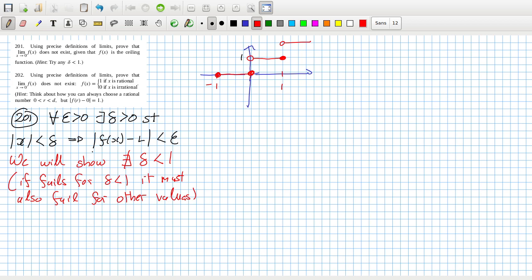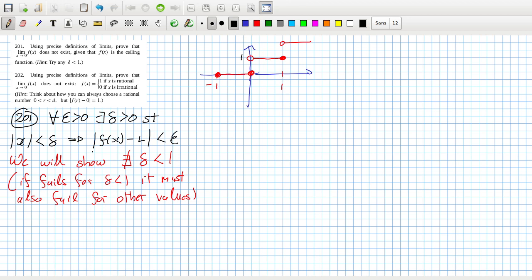Because if you show that it doesn't work when delta is less than 1, because you can't be arbitrarily close to the limit, then it doesn't matter if it would work if delta is less than 2, because delta less than 1 is a subset of delta less than 2. So we can just show that we can't find a delta less than 1.